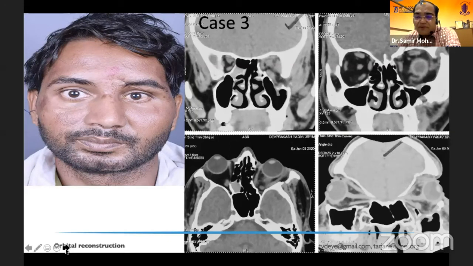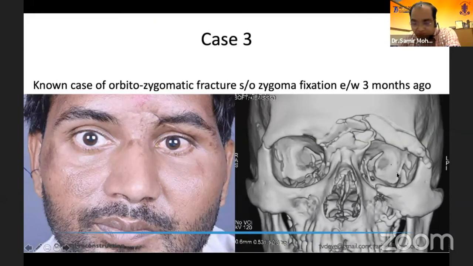But here, what we require is, after you have done osteotomies to reduce all the fracture fragments to the normal anatomical position, a fixation at the frontozygomatic suture here, and then coming on, if there is a fracture of the zygomaxilla here, this needs to be fixed again, and the entire fragment has to be moved in so that the rim is actually formed.